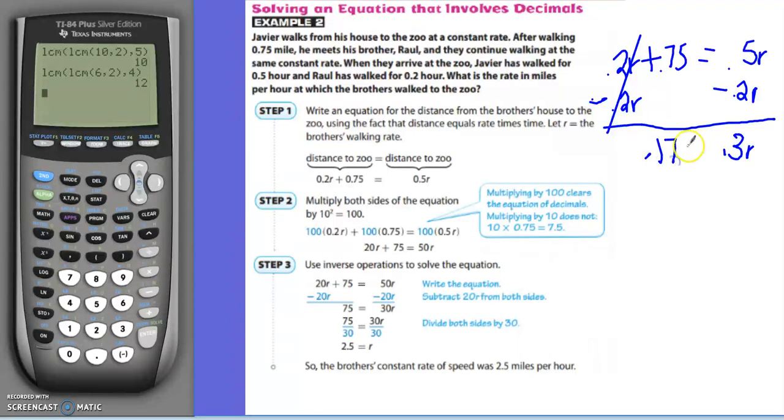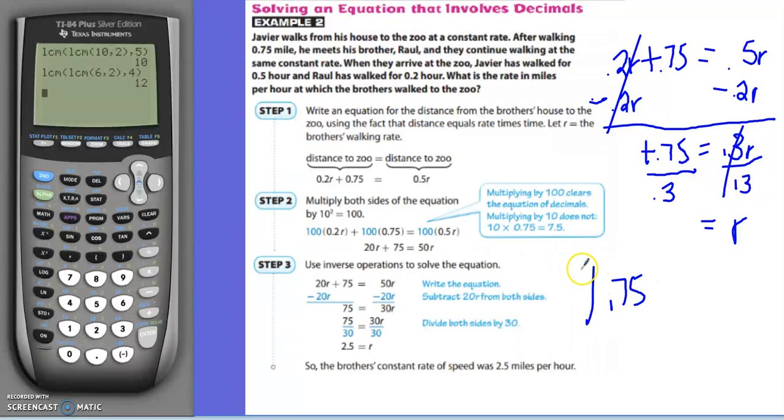Alright, then we are going to divide both sides by 3/10. So when I do that, that cancels out. So 7/500ths divided by 3/10.